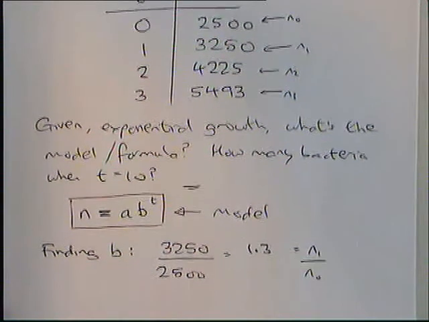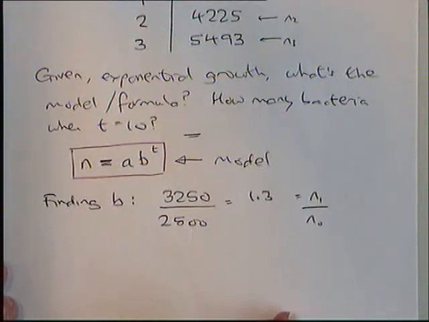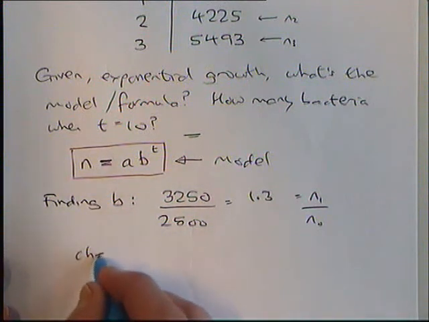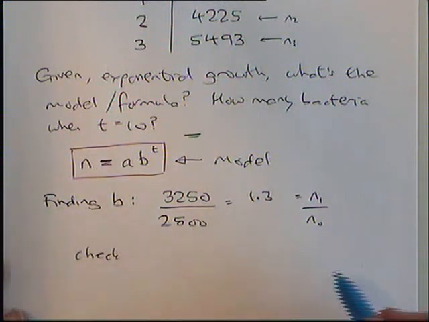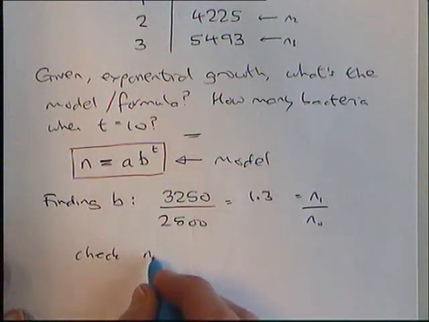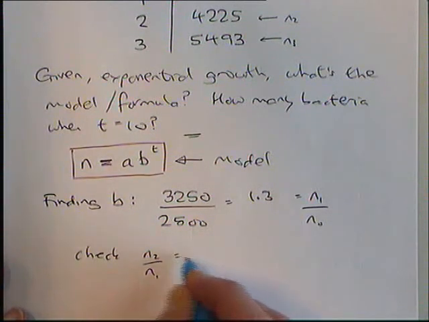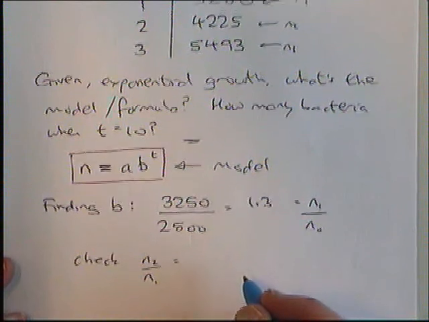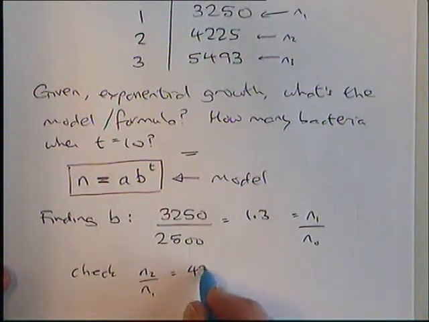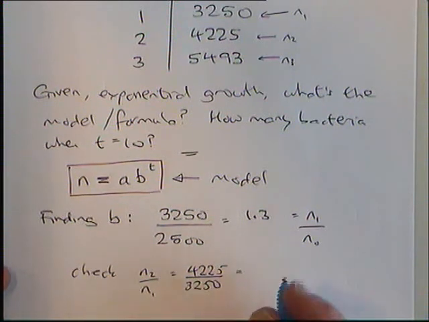Now if it really is exponential growth, that should happen all the way through. So let's just do a check. If we divide N2 by N1, that would be 4225 divided by 3250, and hopefully that is also 1.3.